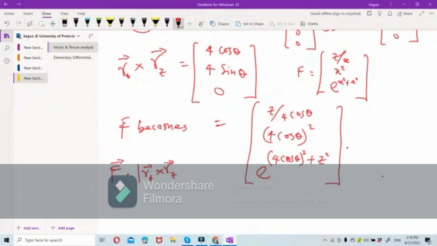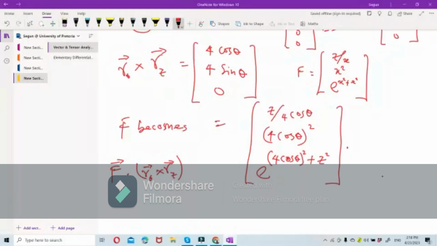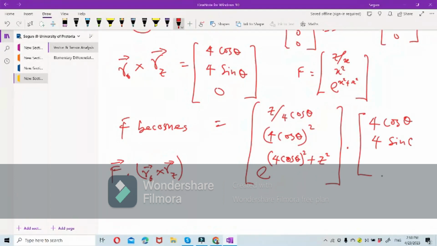So we are multiplying this. Don't forget. So when you multiply it, what do you have? So we are going to have dots 4 cos theta, 4 sine theta, then 0. So all these exponentials, everything returns to 0 at the end of the day.